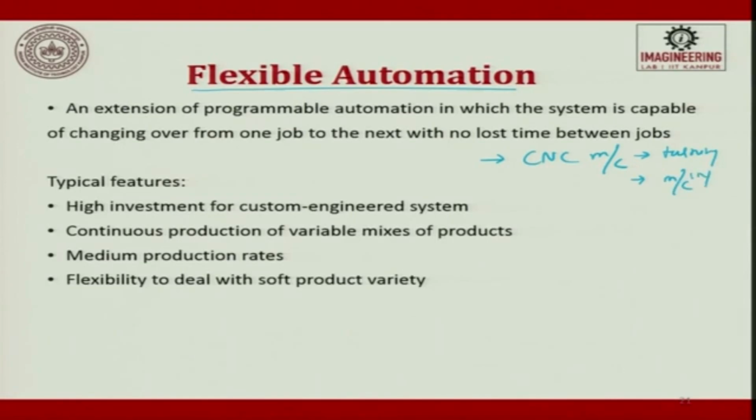Within this variation, you are able to produce parts such that there is a huge variation from one part to the other, and the entire part is governed by the program you write. The rest of the operations are set, the program changes. So, this is called flexible automation.